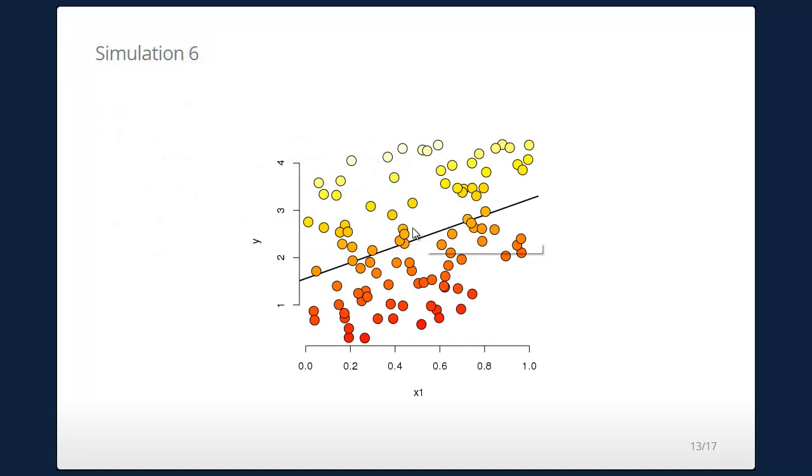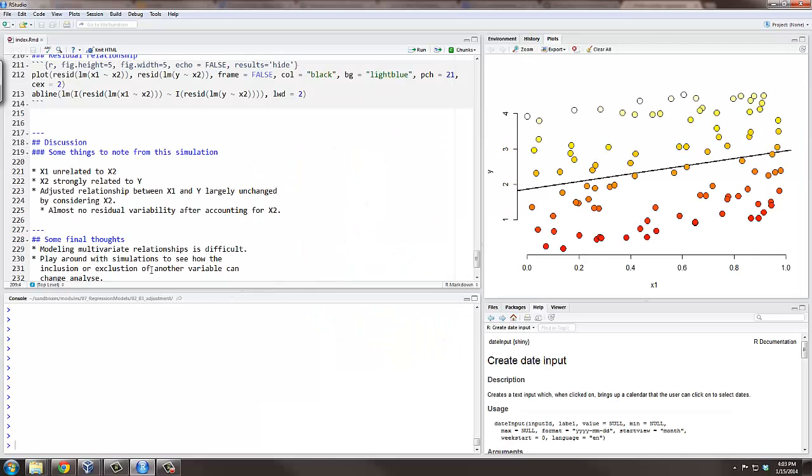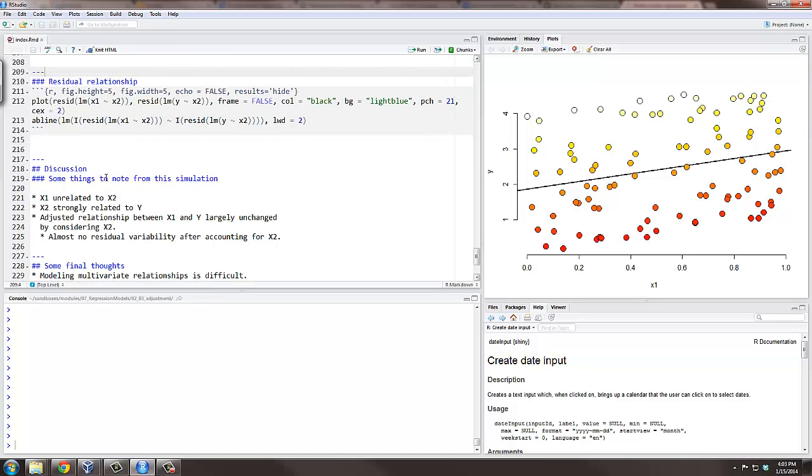Okay, so here's another simulation. I wanted to do an example of kind of continuous adjustment. So here's my y, and here I have my x1, and x2 is the color coding of the points right here. So I think lighter meaning higher values and darker meaning lower values. Okay, so this is actually a different set of data.